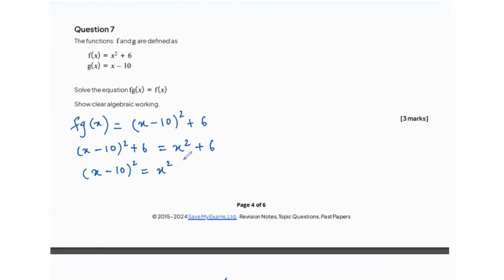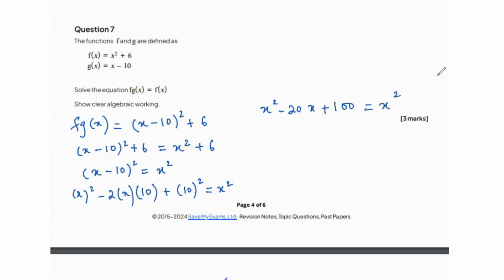So what we're going to do next is expand the bracket on the left hand side. So x minus 10 whole squared is basically x squared minus 2 times x times 10 plus 10 squared equals x squared. That's going to be x squared minus 20x plus 100 equals x squared.